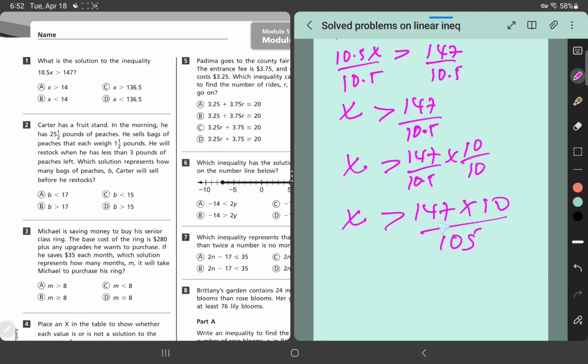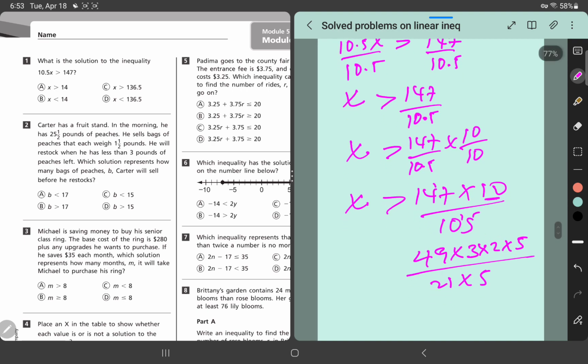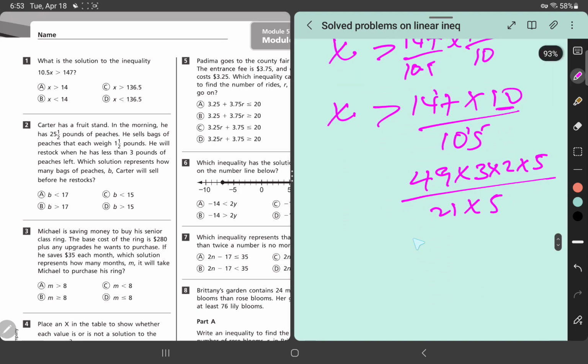147 is divisible by 3, so this is 49 times 3. You can write this 10 as 2 times 5, and 105 is divisible by 3, so it's actually 21 times 5. So you can omit the 5.